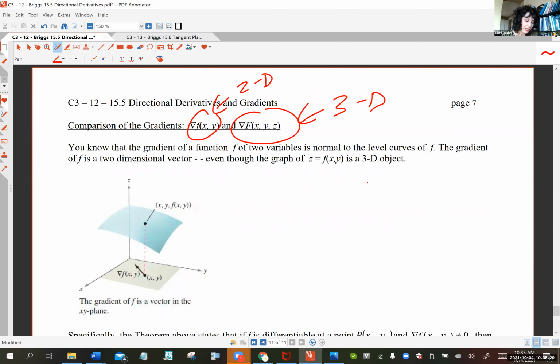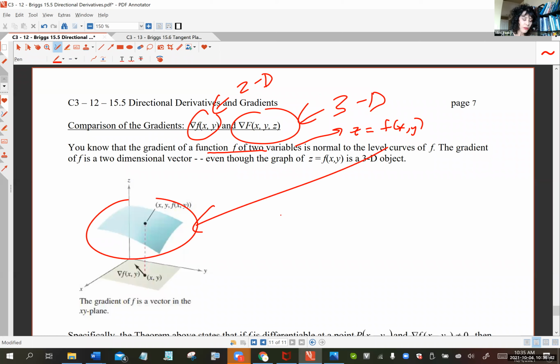Here's what's weird. When you do a function of 2 variables, like z equals f(x, y), you can graph it, and the graph is a surface. When you find the gradient of it, the gradient is a 2D vector. It's as if you're standing here with your skis, but you have a flat little compass, with a little arrow pointing.